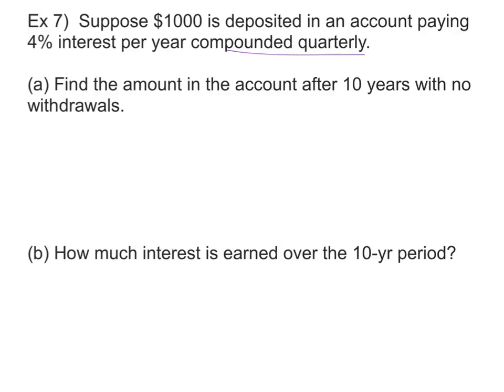So I know that I am using the formula A is equal to P times 1 plus R over N to the NT. Now remember, I'm going to give you this formula. You're going to have to know which formula to use and what all the variables represent. So that part's on you, but the actual formula I will give you. So if I'm looking at this one, I know that my principal here is the 1,000.